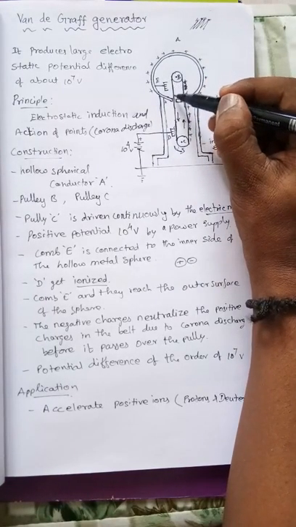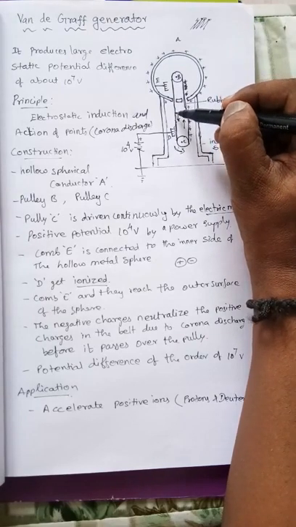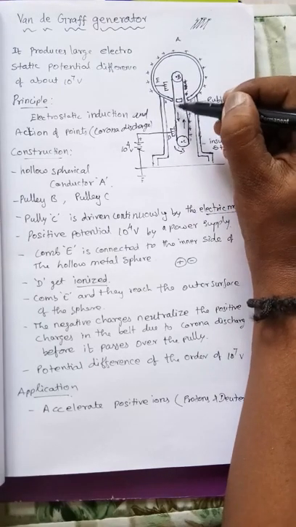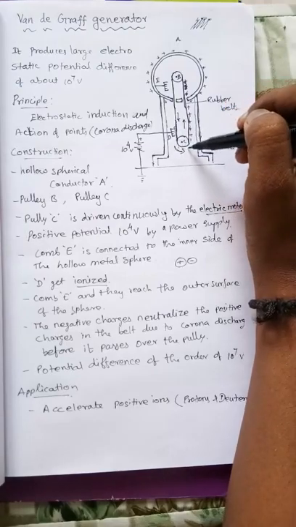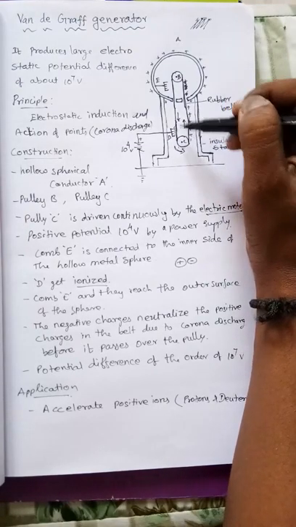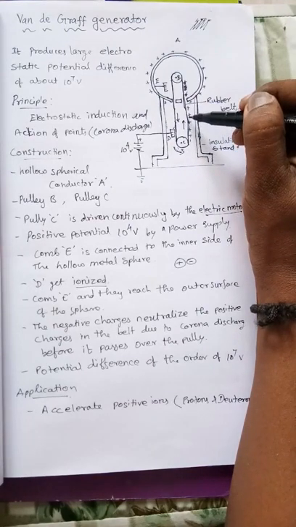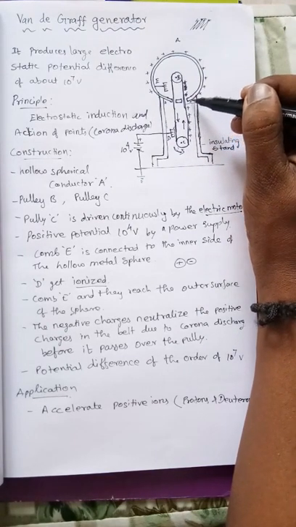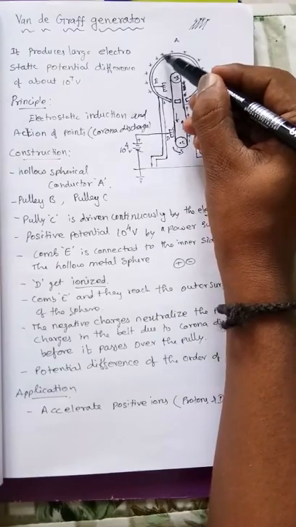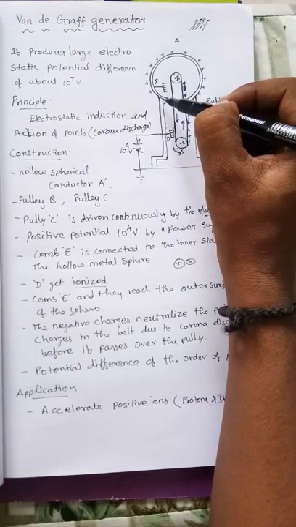So moving downwards, there is no charge on the belt. But here again positive charge is created, negative charge moves towards the ground, and positive charge moves on the belt and spreads over the hollow spherical conductor.